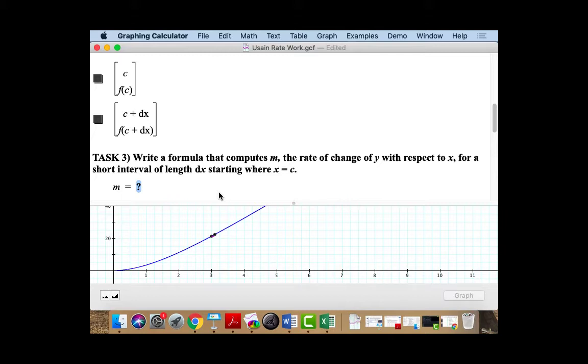So the 2 points to this are, first, do you know how to calculate slope or average rate of change? Second, do you know how to get GC to do fractions and stuff? So some of it's a physical task and some of it's a math task. But I think you've had more practice at this than back a couple weeks ago. So maybe this is easy by now.